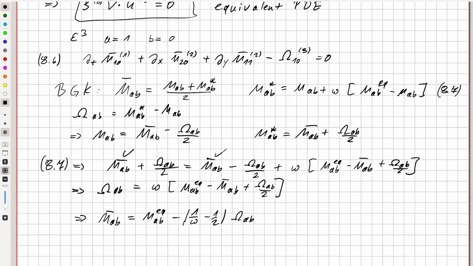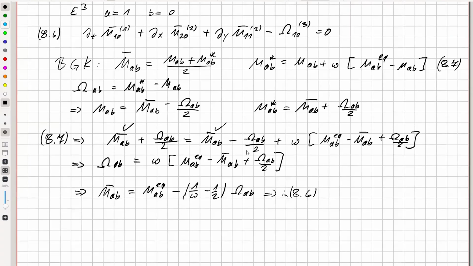I may have been a little quick here, but we have done this already several times. So you see we have this Heon correction, 1 over omega minus 1/2, in front of this omega_ab, and this we put into our equation 8.6 to get the following.